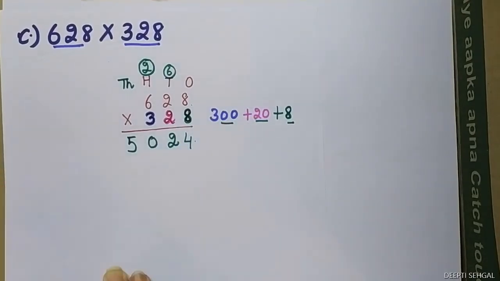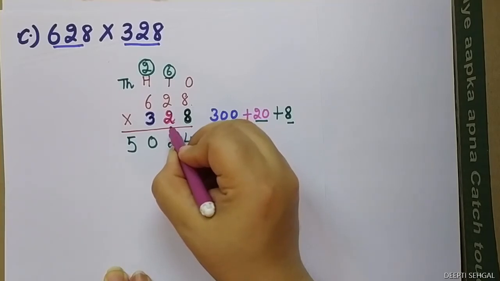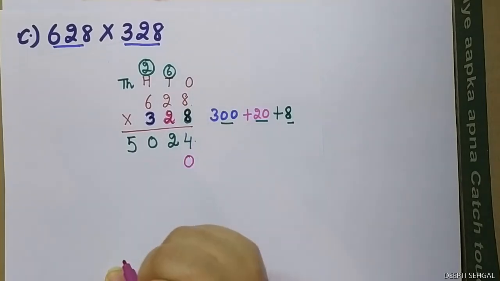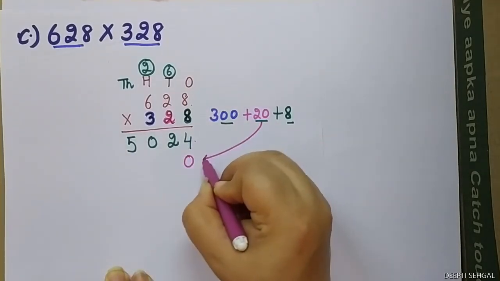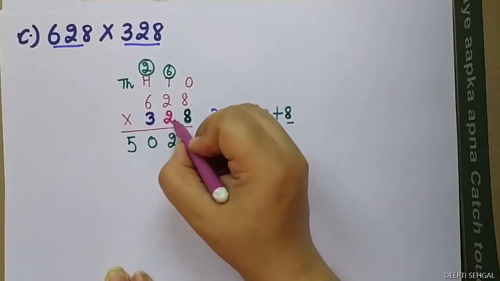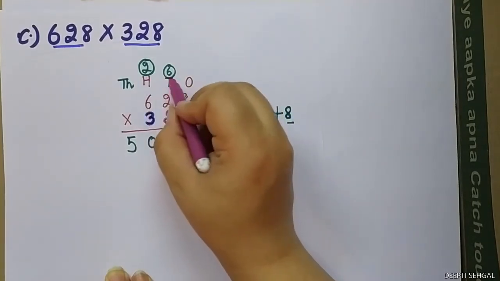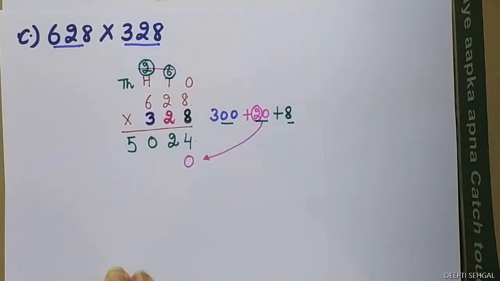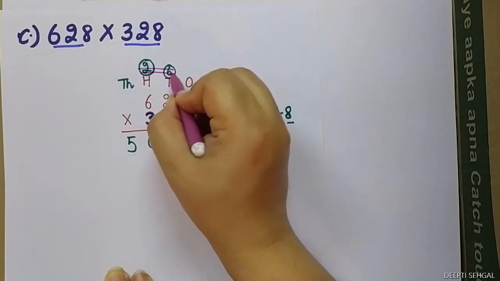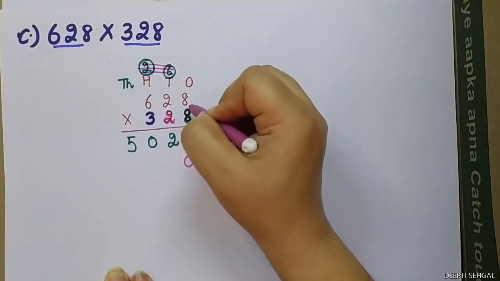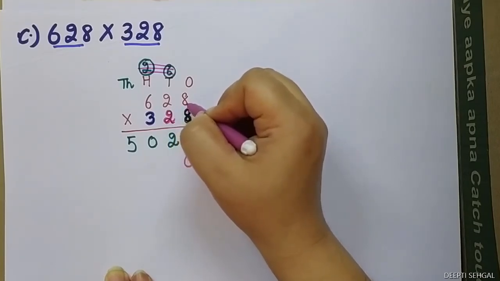Now we have to multiply by 20. So to make it 2, we have to write the 0 here. This 0 will come here. Now what is left? Only 2. Now 2 multiply by 8. Again these were carryovers because of 8. So cut them. We are not going to take them now. We have to be very careful about the carryovers. Now 2 multiply by 8 is 16.